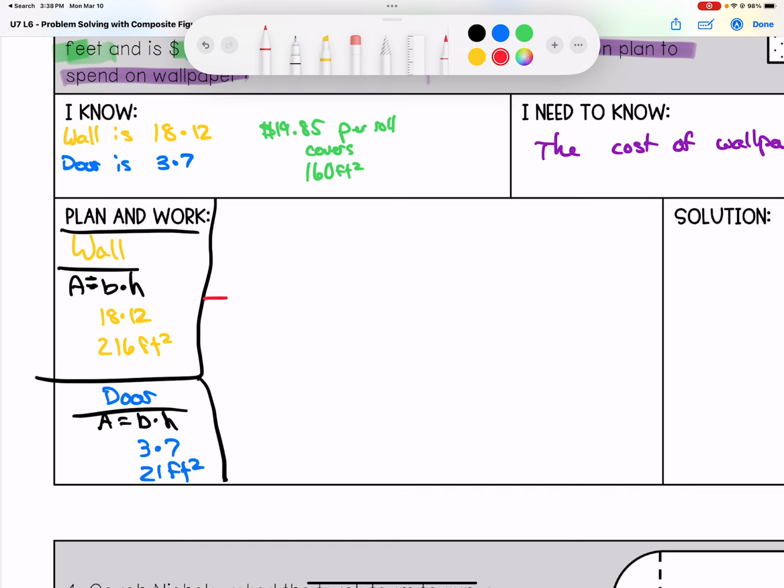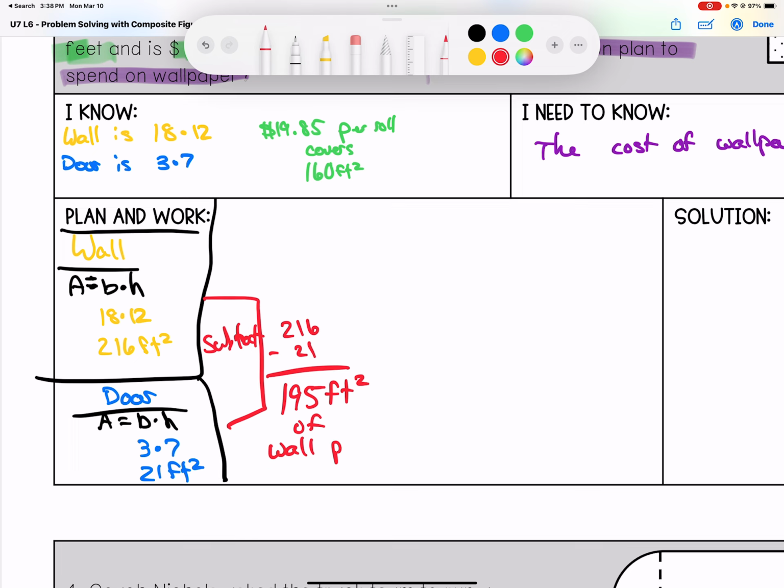So then we have to subtract, because we're not wallpapering the door. Okay, so it's 216 minus 21. All right, so we need 195 square feet of wallpaper.